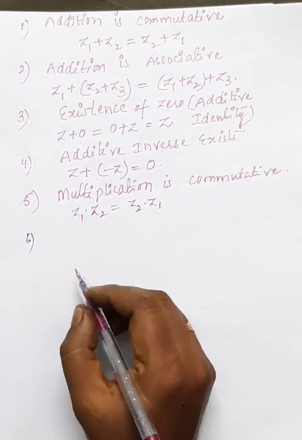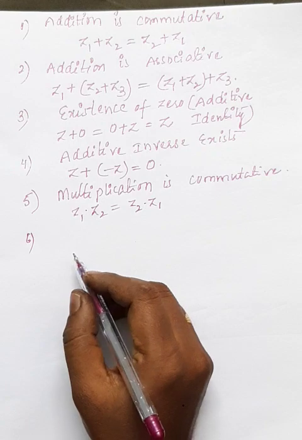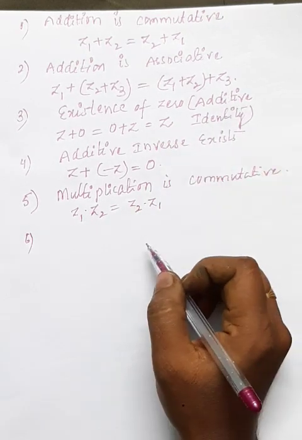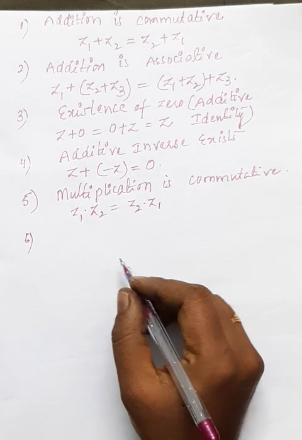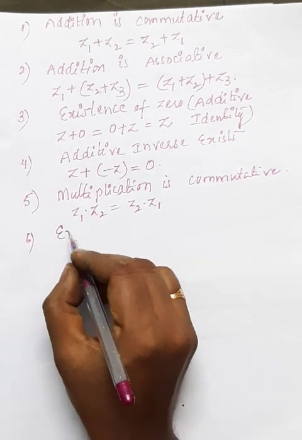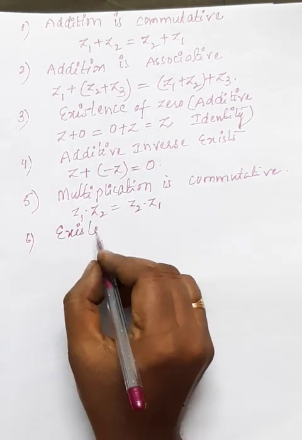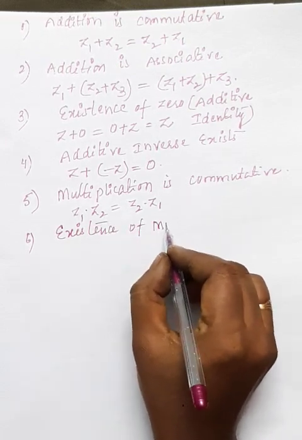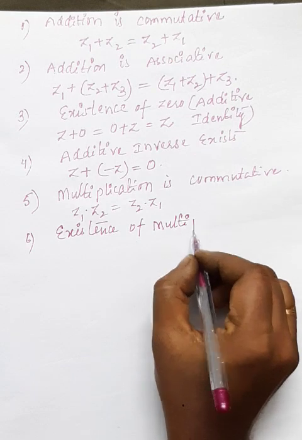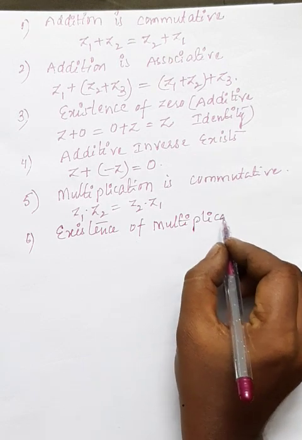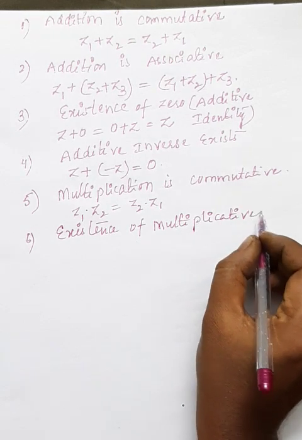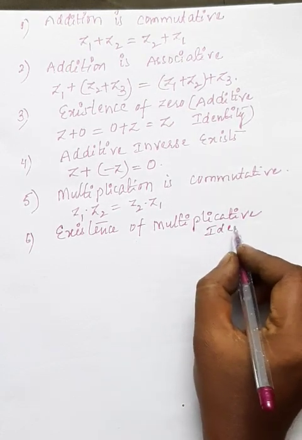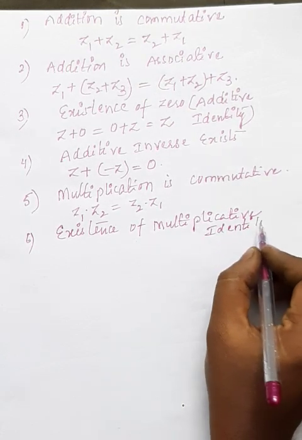Now the sixth property is the existence of multiplicative identity.